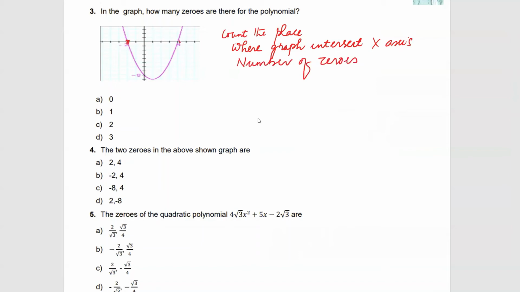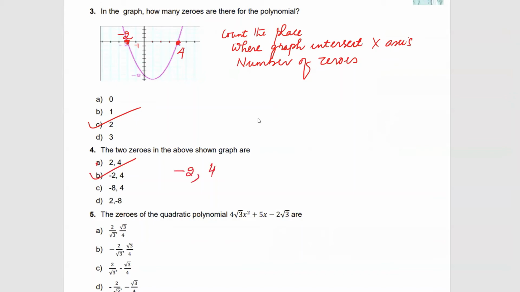It is cutting at two places, so there will be 2 zeros. C is the answer. The 2 zeros of the above shown graph are, what are the zeros? One is this is -1, it is cutting at -2, and 1, 2, 3, 4, so it is cutting at 4. So -2 and 4, this is not the answer. -2, 4 are the 2 zeros, -2 and 4.